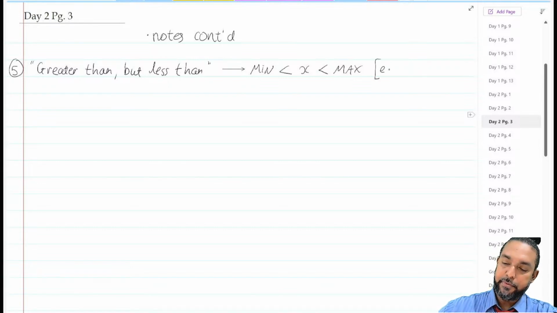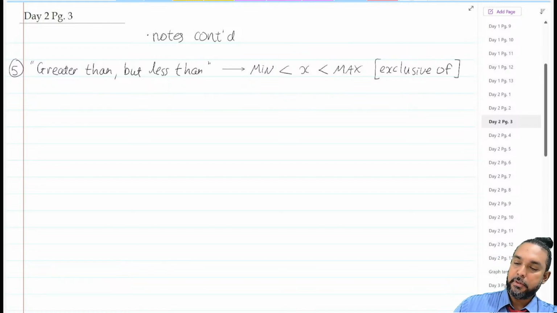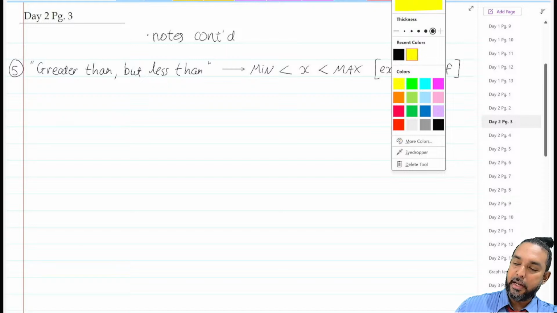Right, so I also refer to this as exclusive of. Sorry, let me rewrite that a little more clearly. Exclusive of. There's a little highlight there.